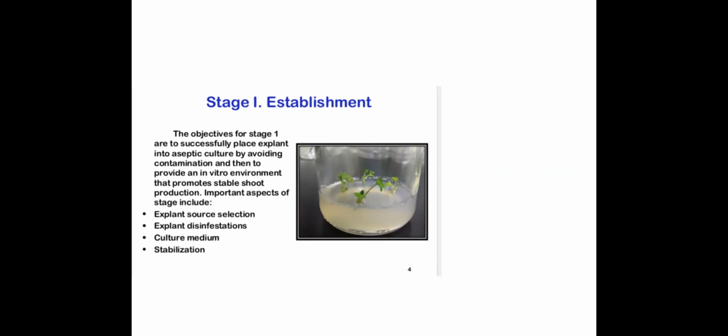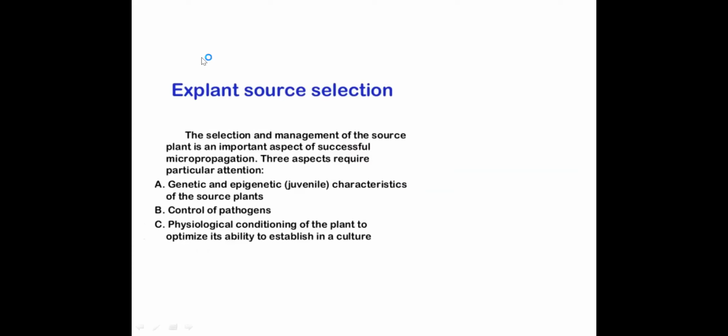Disinfestation, decontaminating. Okay, and then culture medium and stabilization. So establishment or initiation of the culture for micropropagation involves these 4 stages: explant source selection, explant disinfestation, culture medium, stabilization.